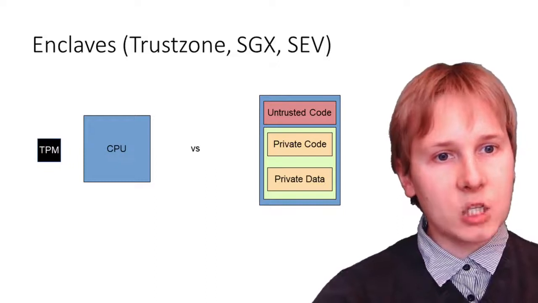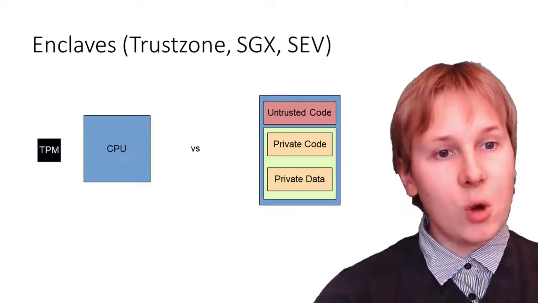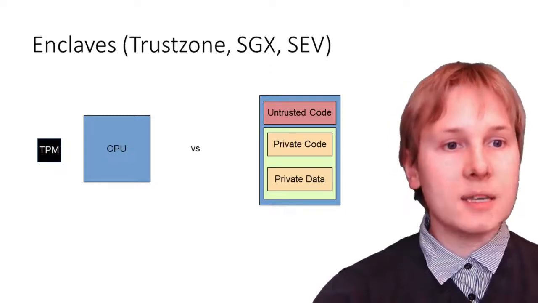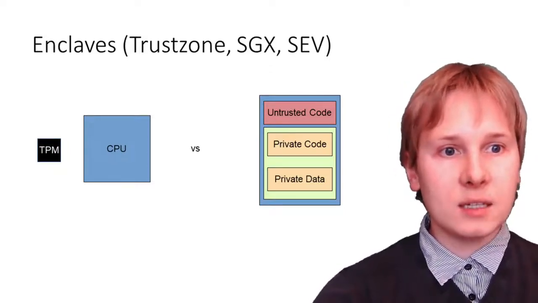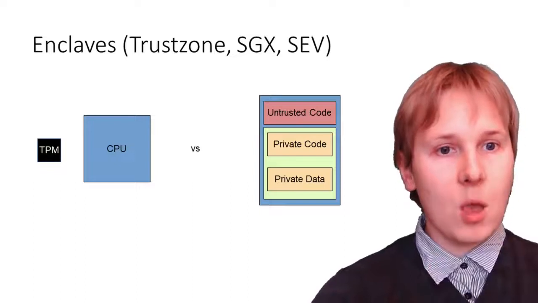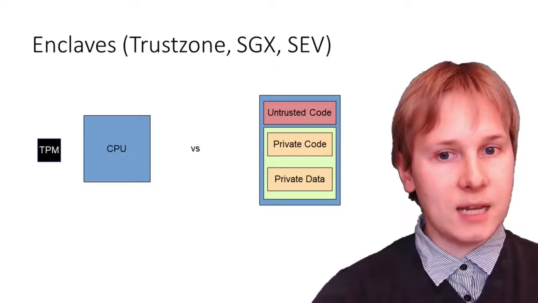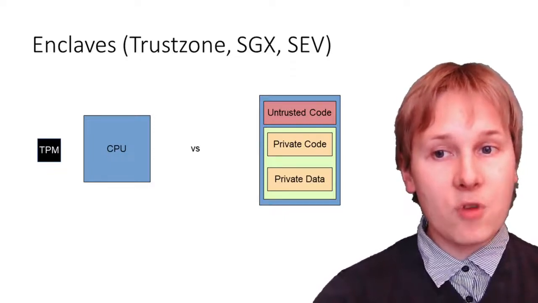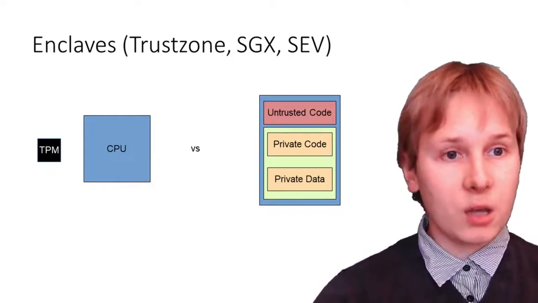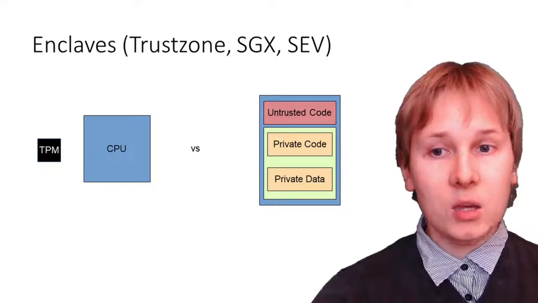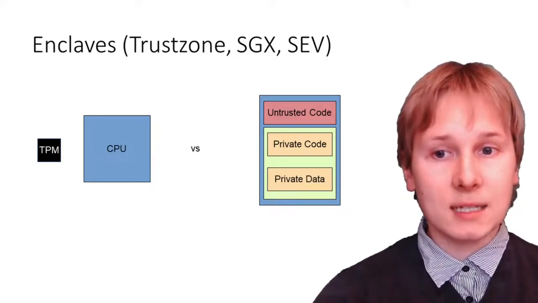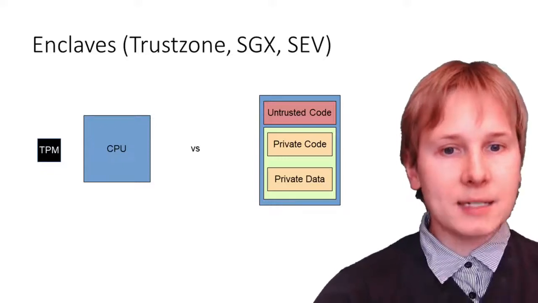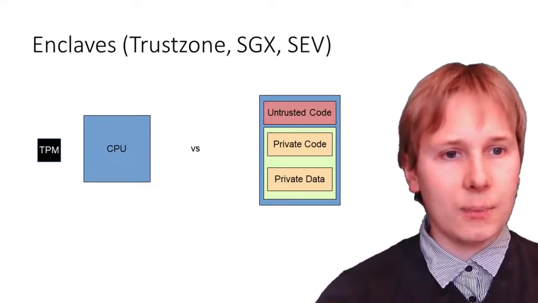And the distinction here is that you don't need to measure or approve of everything on the system, because now you have this distinct world of the enclave, where you can run your private code and private data and limit the access to the outside world. And you can even run with untrusted code executing at the same time. You don't need to trust the entire operating system because you can limit the communication you have to it. In a sense, this is like hardware sandboxing.